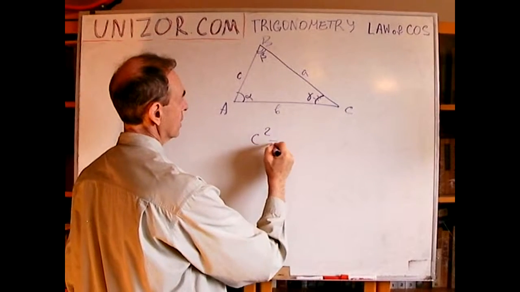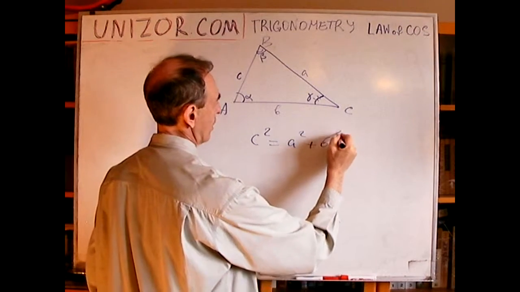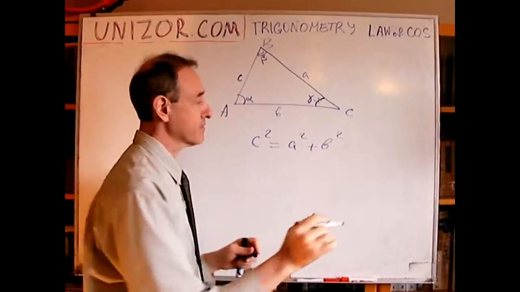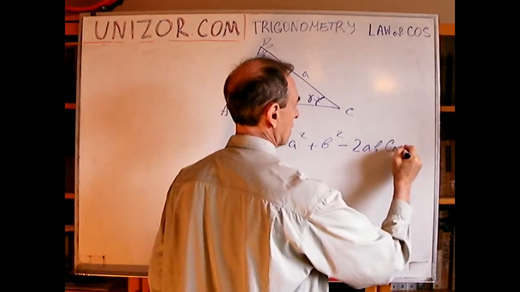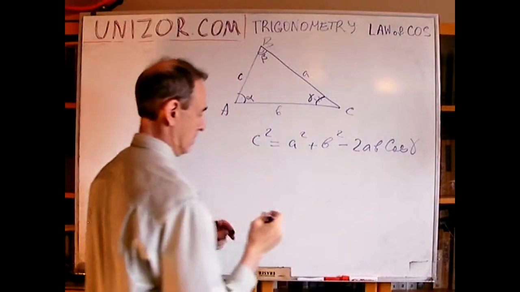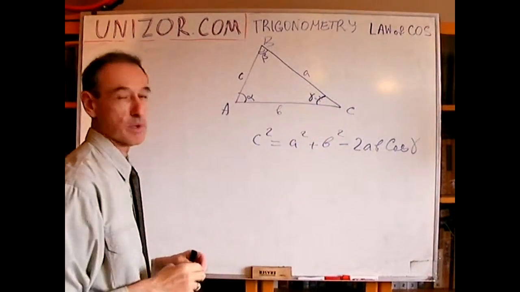So the law of cosines states the following. C squared equals A squared plus B squared. So we start as in the Pythagorean theorem, but then there is another member: minus 2AB and cosine of this angle between them.